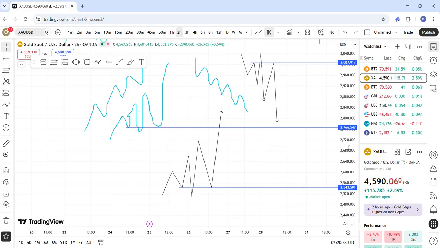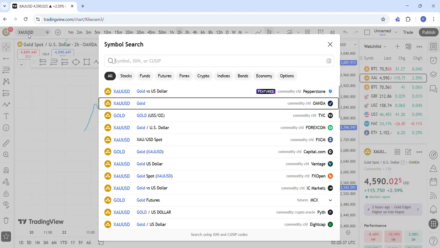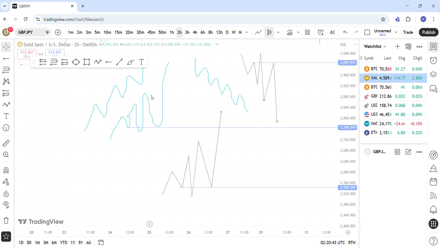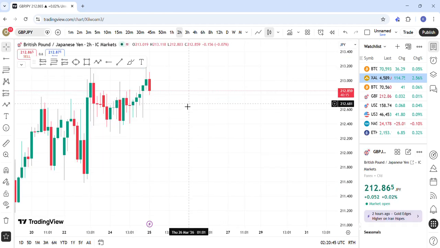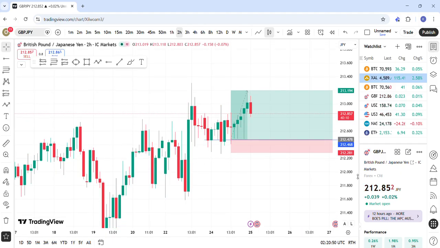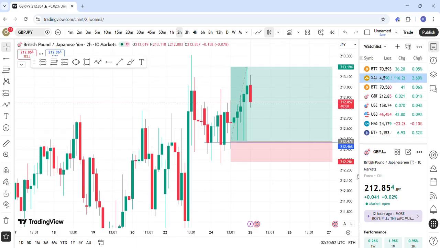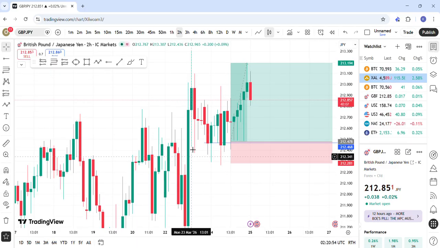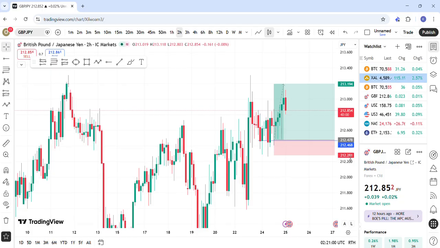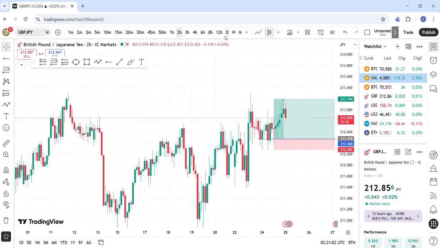So let me give you an example. This is the trade I caught on GBP/JPY. As you know, we are in an uptrend on this market. Let me show you from the 4 hour time frame, or let's go from the daily time frame.